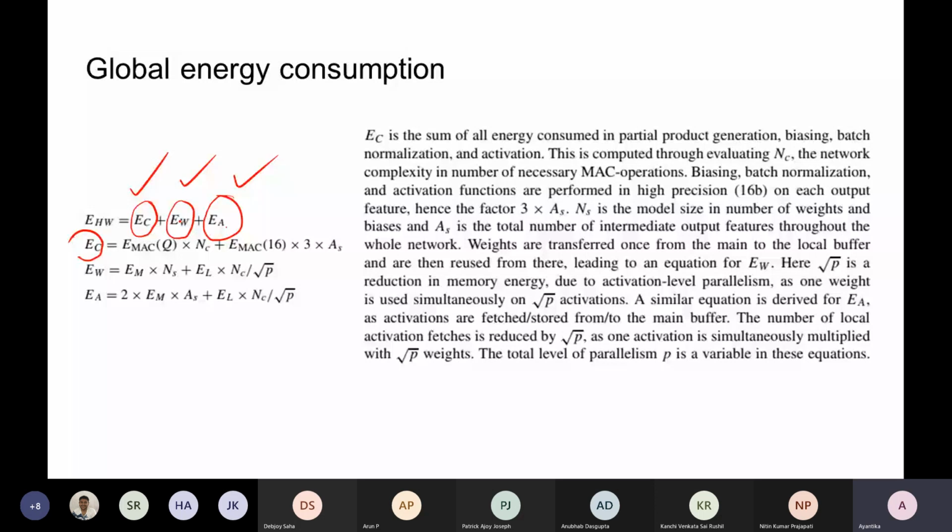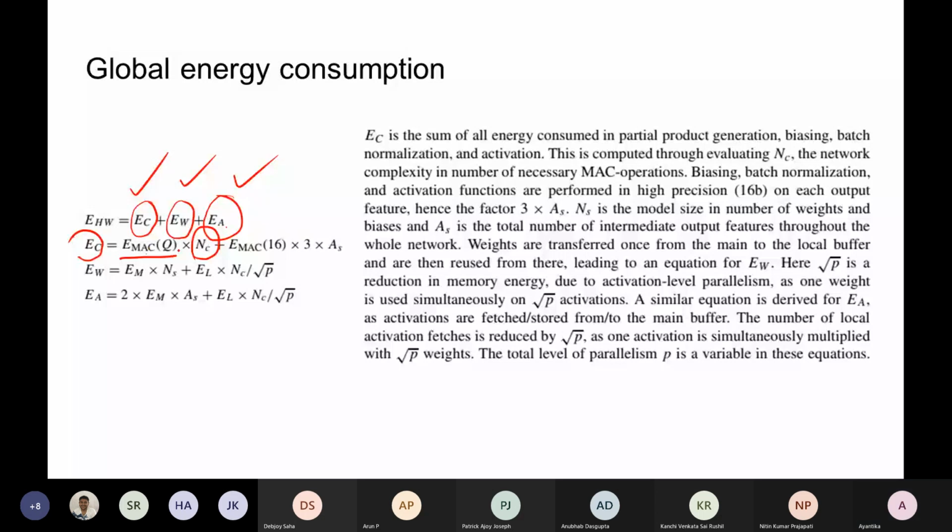That means how many times you are accessing the blocks. For each access of the block with Q-bit input values, EMAC Q into NC, how many times you are accessing them, based on that this total value will contribute to the global consumption.